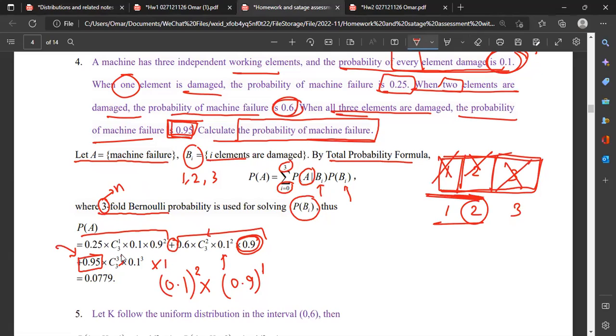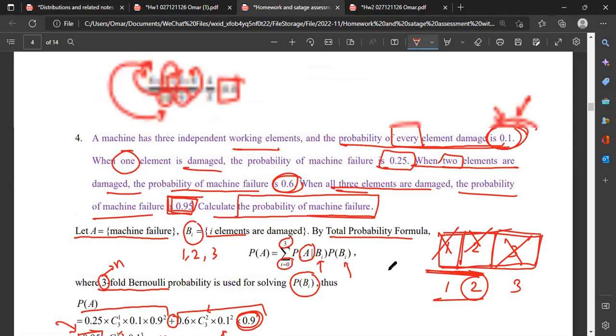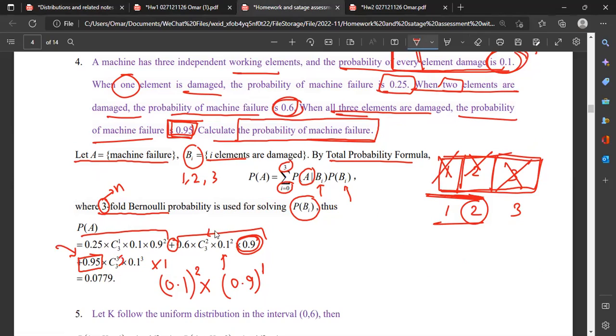So 3 out of 3 are damaged, and then times what is the probability of every element damage? This is 0.1. So it's times 0.1 to the power, and then 3 is 3 elements are damaged.